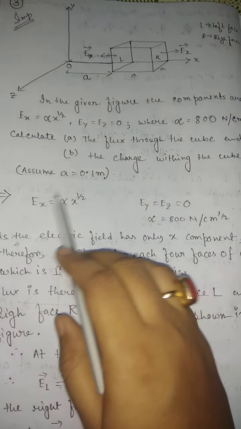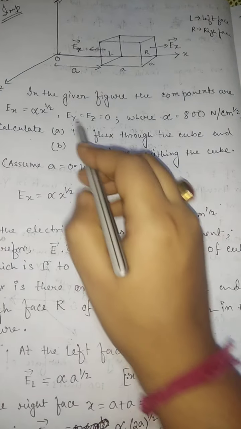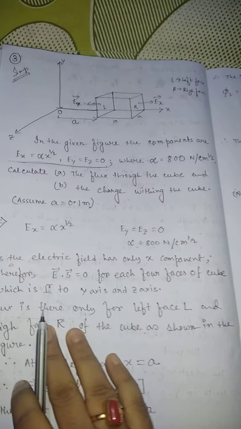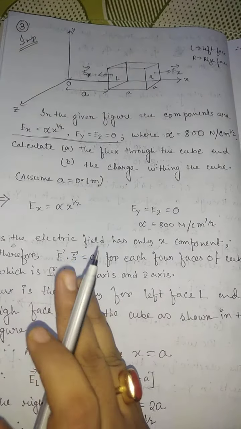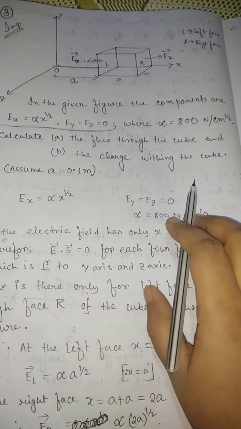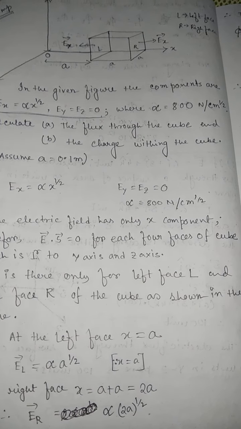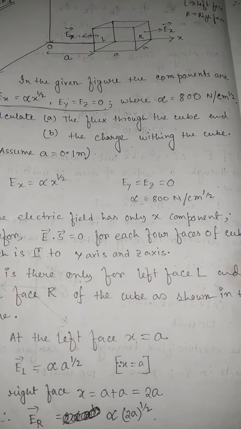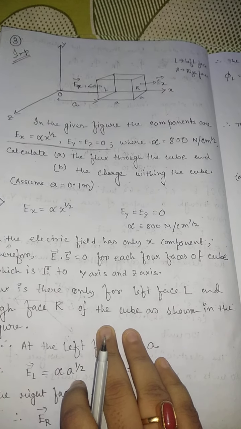Now we have this one equation. Now this is a hint: Ex equals this, Ey, Ez equal 0. What is the meaning of this? As the electric field has only the x component, the dot product of the area vector and the electric field vector is 0, that means the electric flux equals 0 for the four faces of the cube which are perpendicular to the y-axis and z-axis.